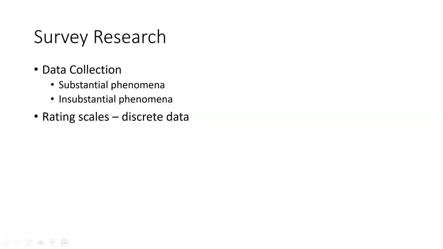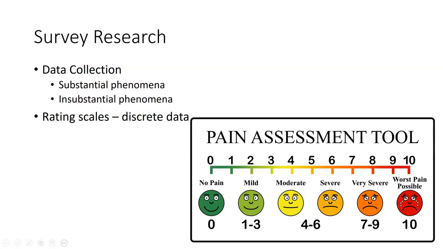Now, one of the other things we look at are rating scales. Rating scales basically come down to discrete data because you're asked to give a number that doesn't necessarily follow a bell-shaped curve. One of the common ones is this, which you may recognize from a doctor's office, a pain assessment tool.